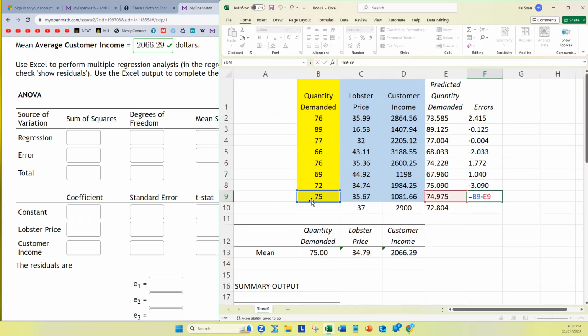My observed value minus what my model predicts, given these two values, lobster price and customer income. Okay. Now I can't calculate the error here, right? I can't calculate the error here because I haven't observed the quantity demanded, right? So I can't calculate that error. All right.